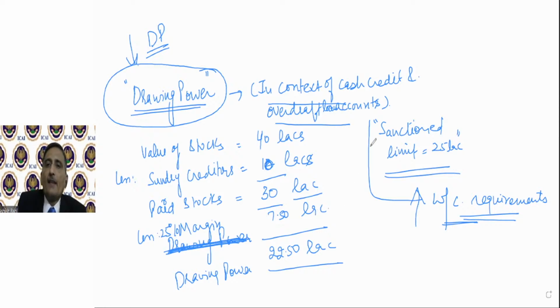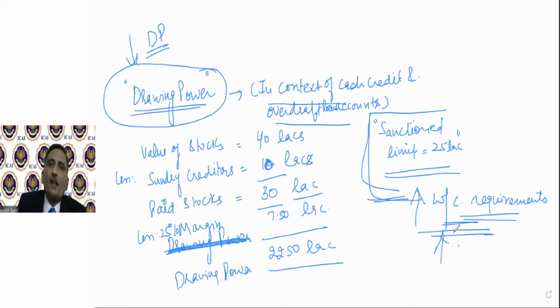So assume, students, that a trader is sanctioned a cash credit limit of 25 lakhs for meeting its working capital requirements against the security of stocks.